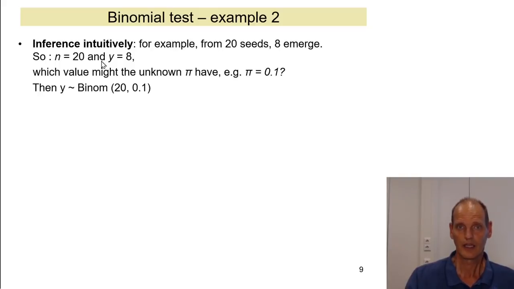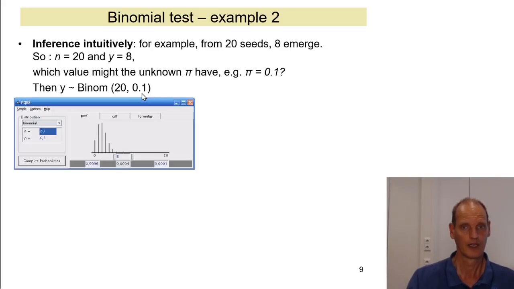So we ask the question, which value might unknown pi have? Could pi be 0.1? Well, if we ask that question, then we can be much more specific, because we know that if pi is 0.1, then y has the binomial distribution with n is 20 and pi is 0.1. This binomial distribution is given here. And we see possible outcomes: 0, 1, 2, 3, 4, 5, 6, 7, 8. 8 is somewhere here.